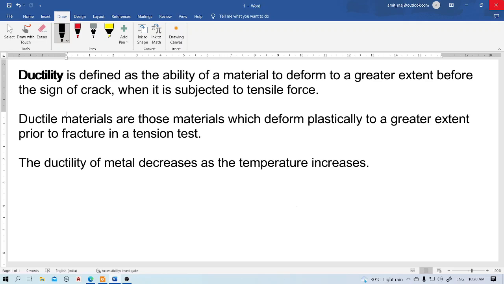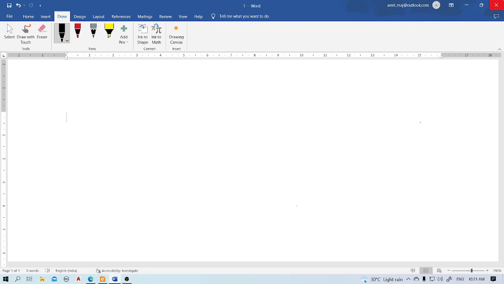As for example, mild steel, copper, aluminium, those are highly ductile metals. Remember, all ductile materials are malleable, but all malleable metals are not necessarily ductile. And ductility is measured by percentage of elongation. Now, percentage of elongation, what is that?